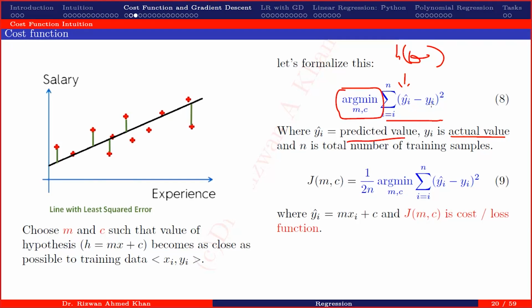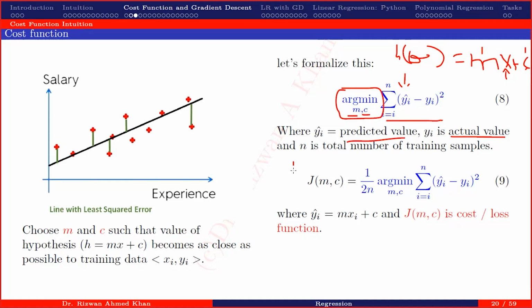We are trying to find the m and c parameters which minimize this value. So we're trying to find m and c which minimize this function, and y hat is our hypothesis, which is equal to mx plus c, right? And that's why it is written argmin over m and c, because m and c are parameters and x is the input or the data set we have.